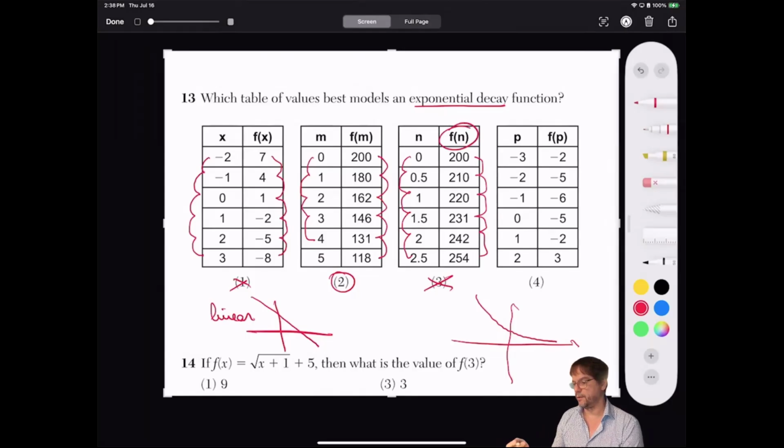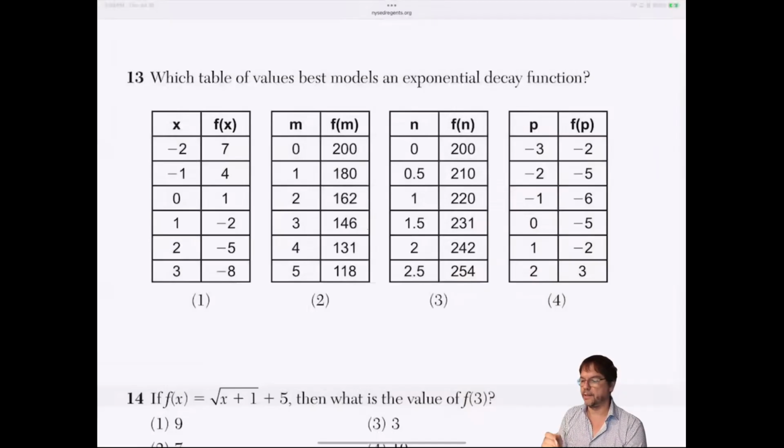This one, okay, but it's growing. I don't know, so that doesn't matter. Here it is growing. Oh, here it doesn't follow a rule. Okay, so it's 2, because here it is not linear and is decaying while this is growing. Okay, good?